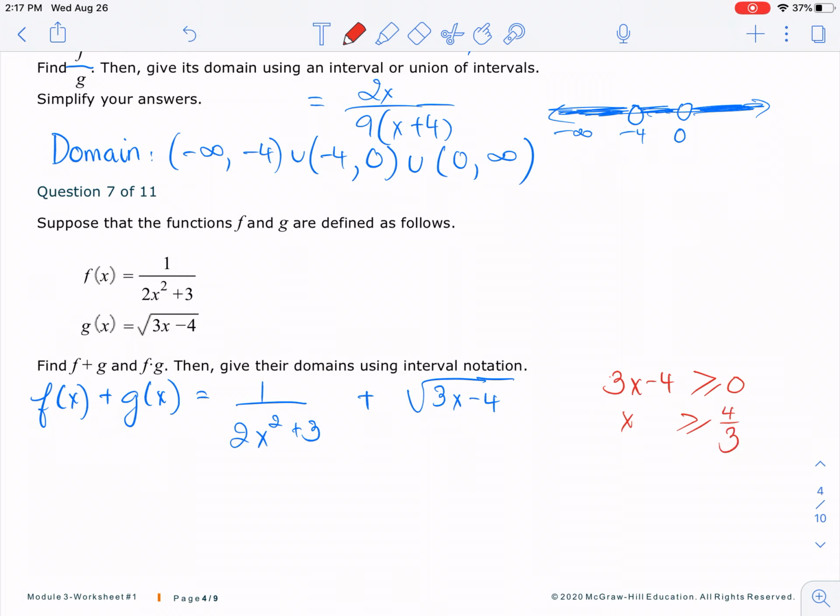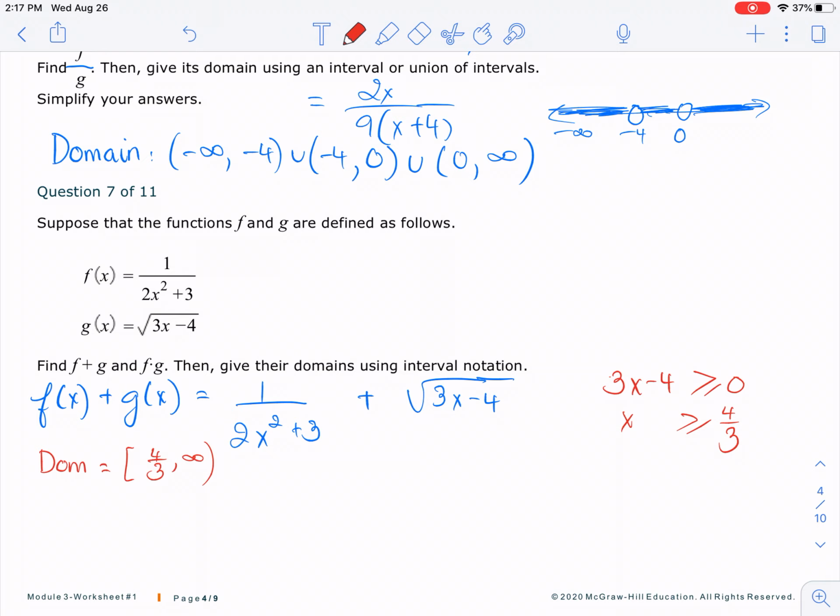So for the domain of this function, we have to start at 4/3 and go to infinity, because if we go anything below 4/3, anything less than 4/3, we're gonna end up with a negative number inside the square root, and we don't want that.